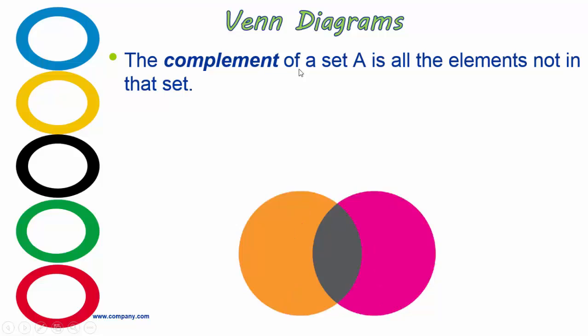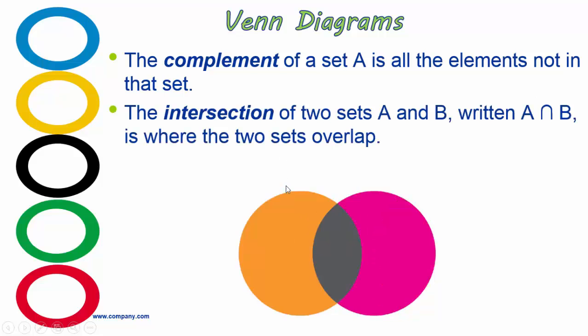We call the complement of a set A all the elements that are not in that set. The intersection of the two sets A and B, that we write as A with the upside down U, B, is where the two sets overlap.